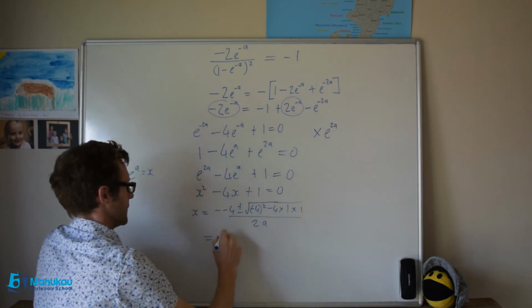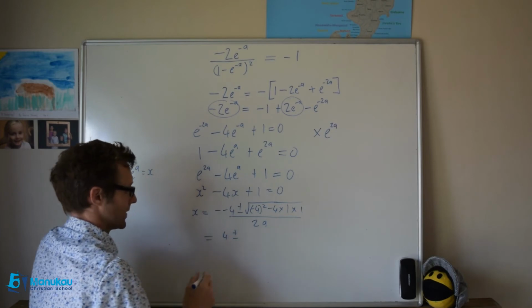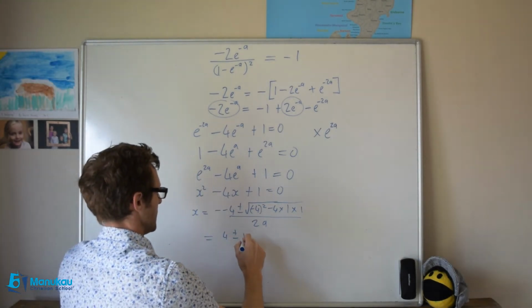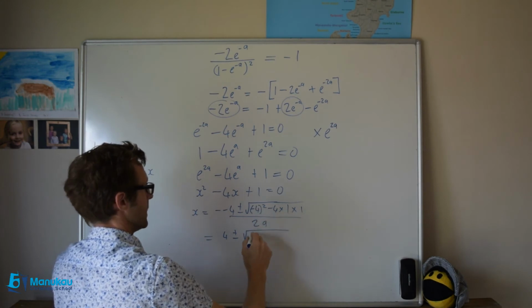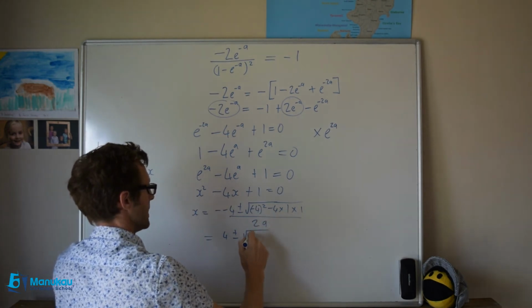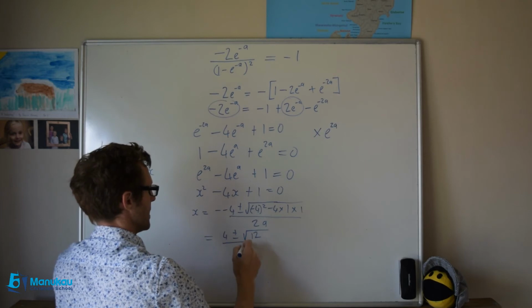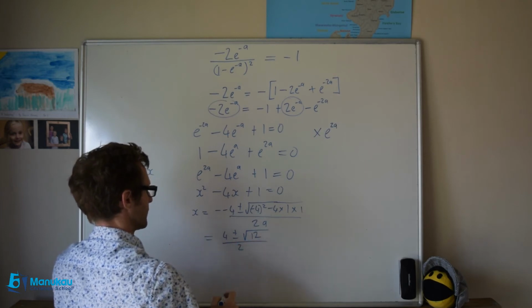What does this equal? Well, this is going to be 4 plus or minus the square root of 4 squared, which is 16, minus 4, so the square root of 12, over 2.